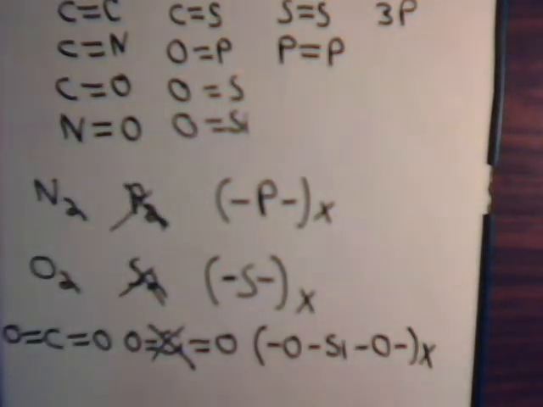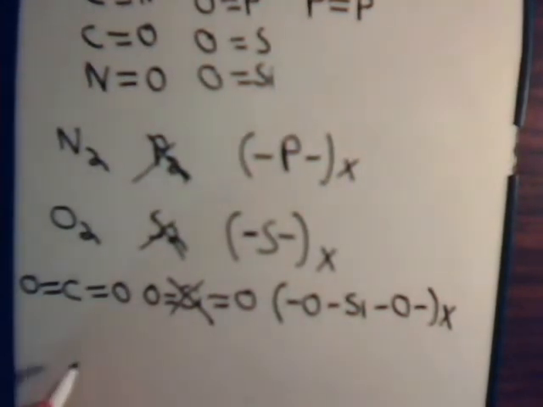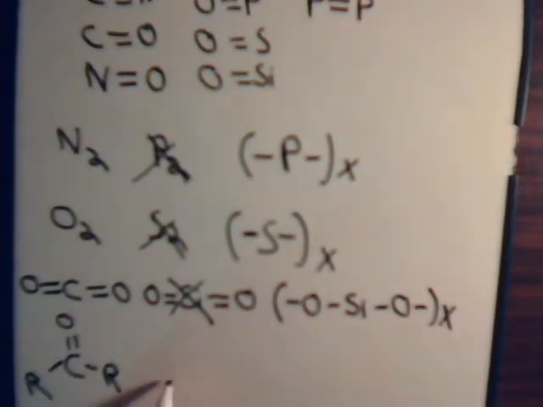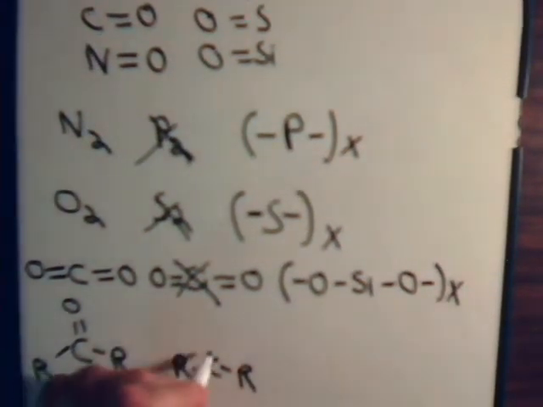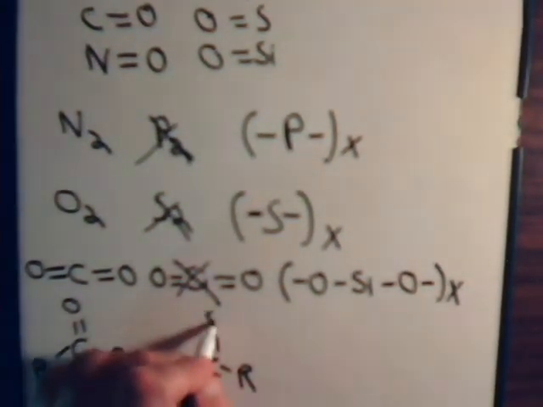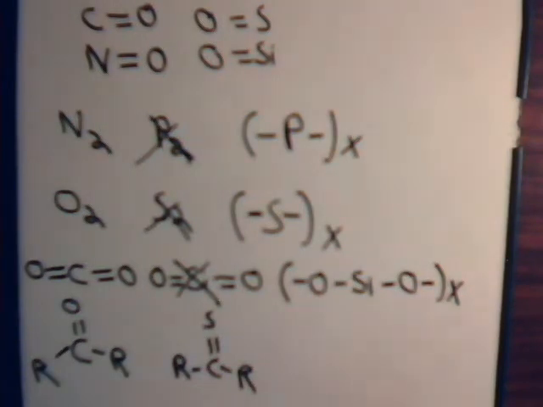You can have ketones, a carbonyl group with two organic groups attached to it. But now, if we put sulfur in here, this does not happen.